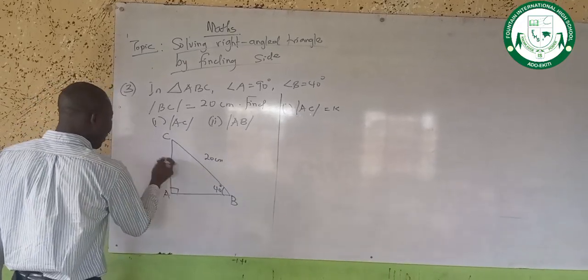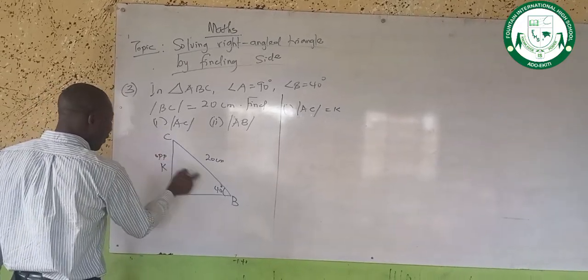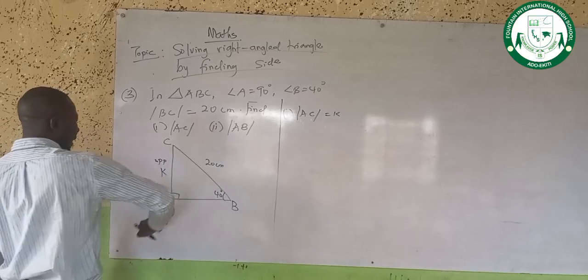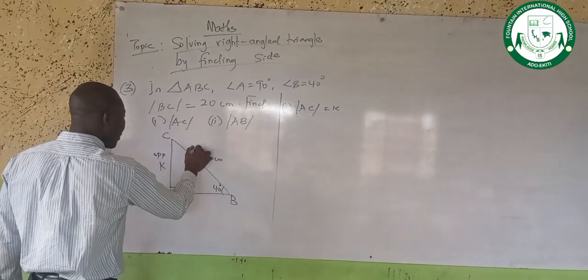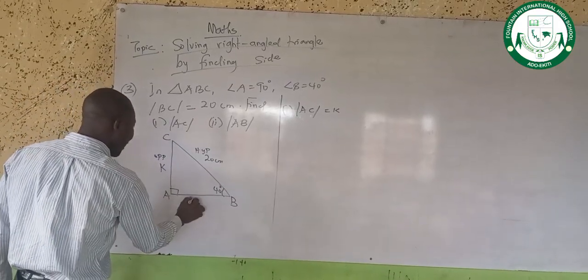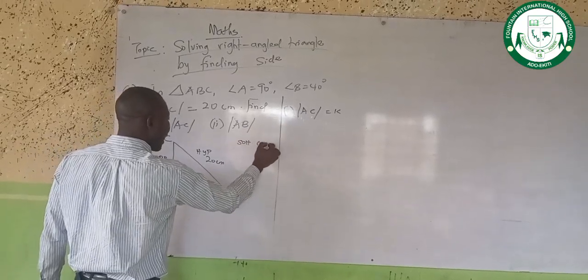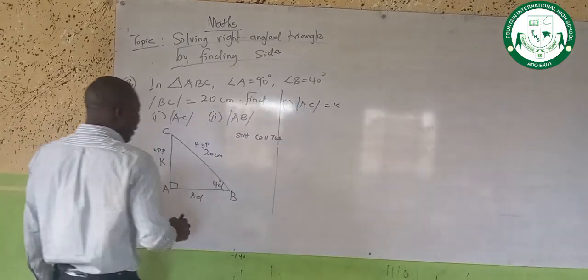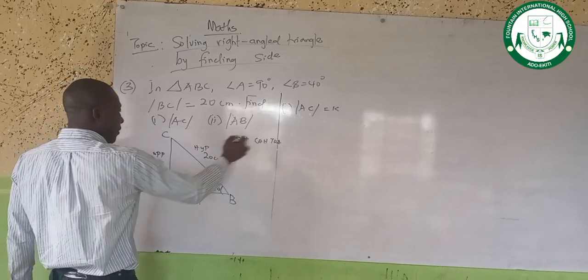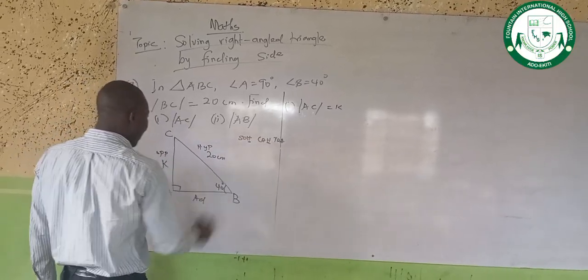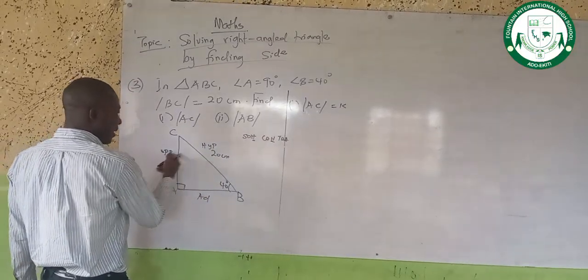Now, this place is the opposite of 40. This is hypotenuse, and this is adjacent. We should not forget our rules. SOHCAHTOA. We have H, either this or this, but we have opposite, which is this.